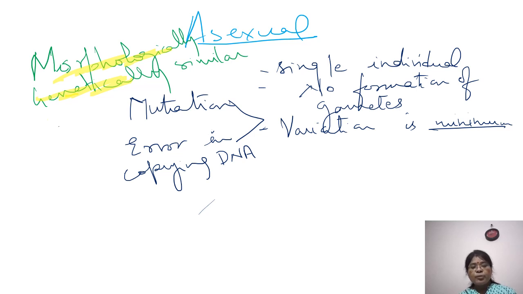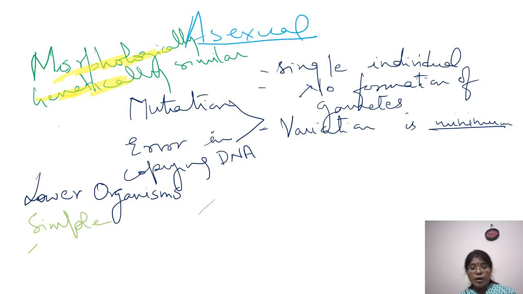And if you see about this asexual reproduction, it is more common in which organisms? In your lower organisms. What do we mean by saying lower organisms? Lower in what sense? Lower in that they are simple in their body design.